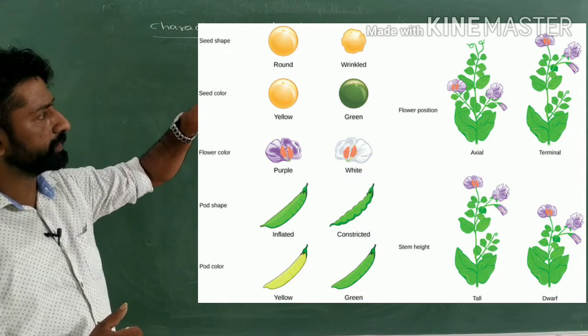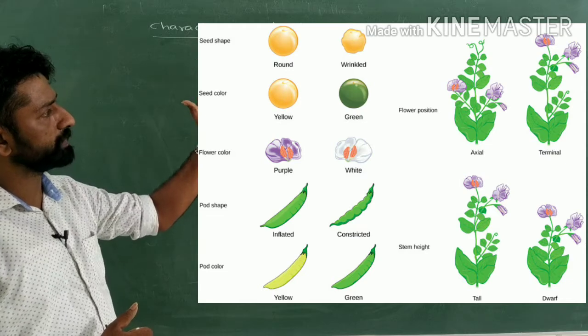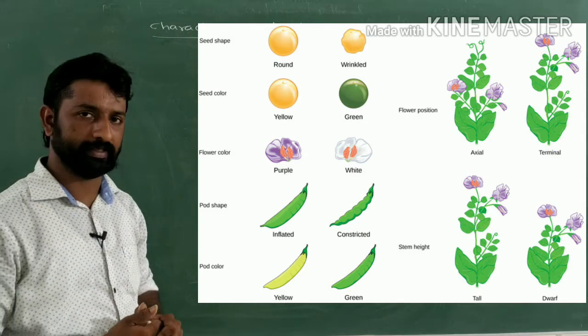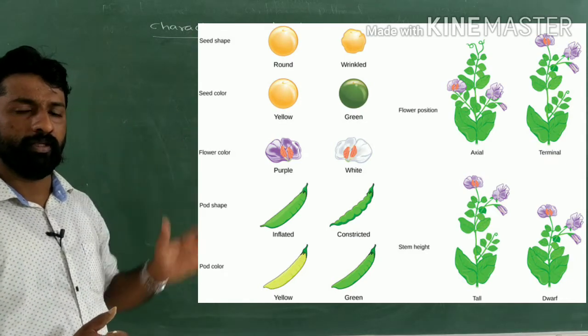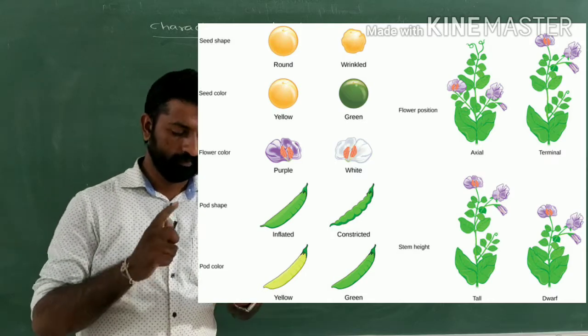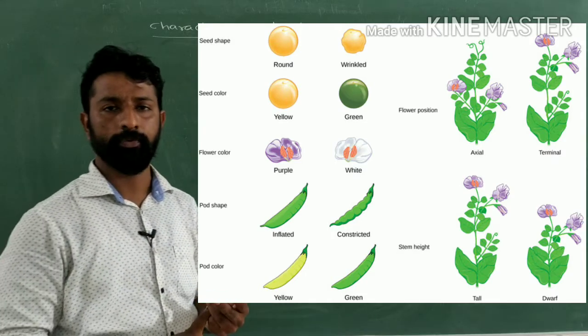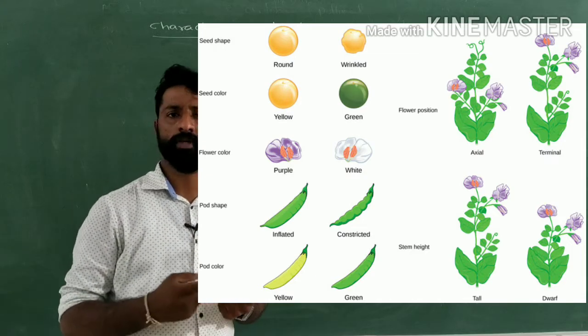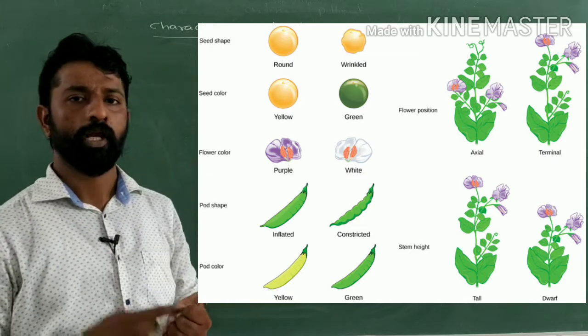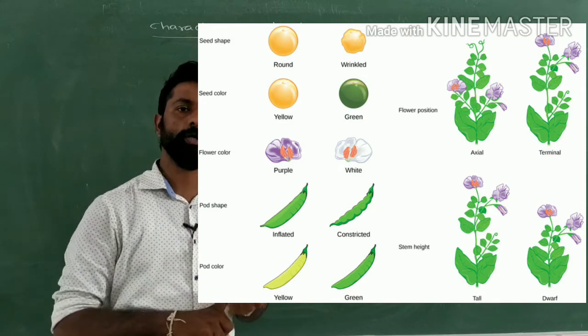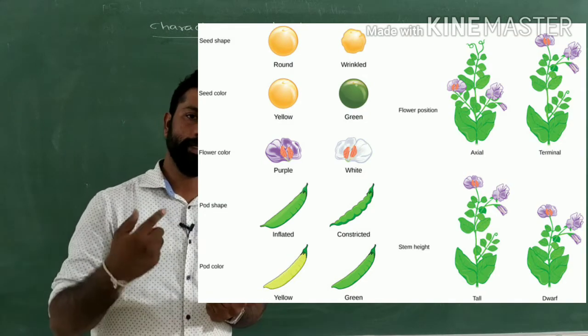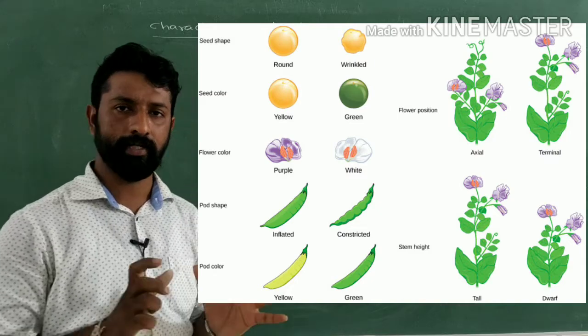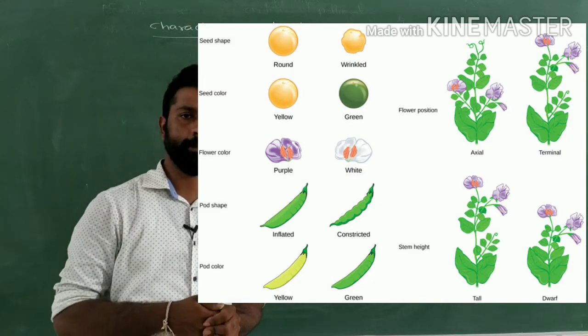Their contrasting traits are 2. If one is dominant means the other one will be the recessive. See, he selected here the seed shape, seed color, flower position, flower color, pod shape, pod color, and lastly the stem height as 7 characters in pea plants.